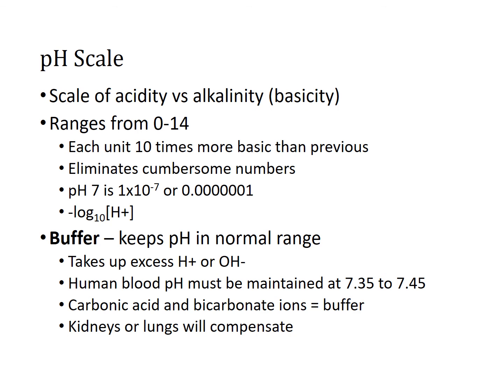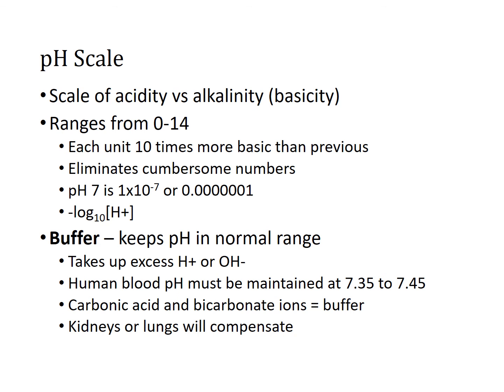When we look at the acidic or the basic nature of substances, we rate it on a pH scale. So the pH ranges from 0 to 14, and every change in number is actually a 10 times more basic than the previous, if that makes sense.